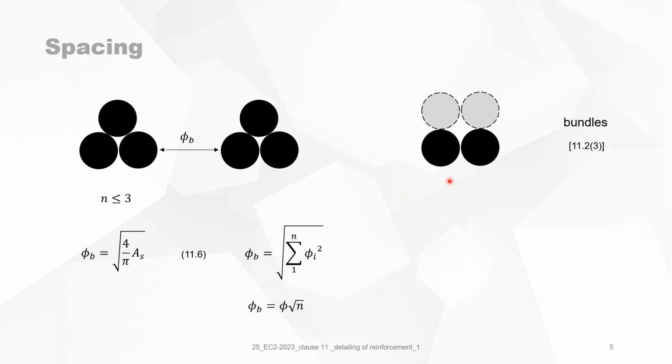A bundle of bars can also have a number which is smaller than 4. You can have 4 bars in one bundle, but that is only the case when you have a lapped joint.